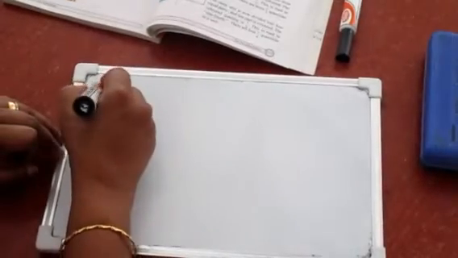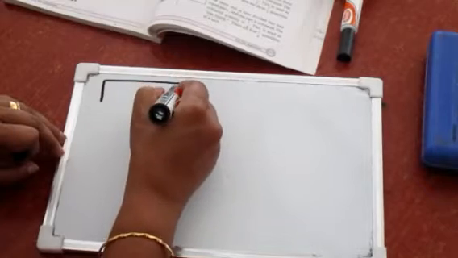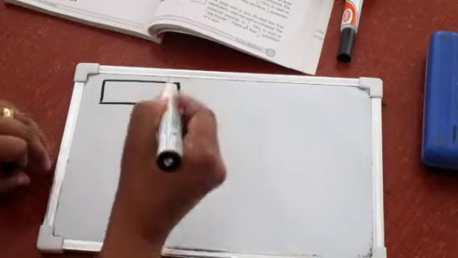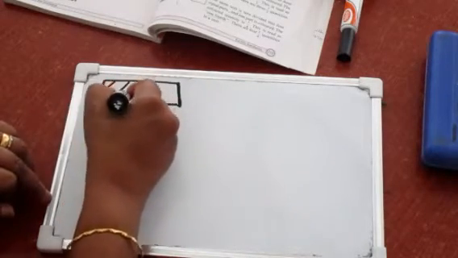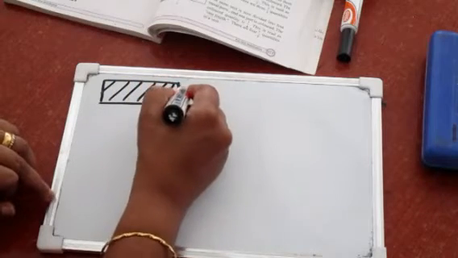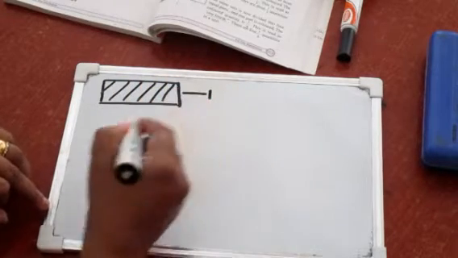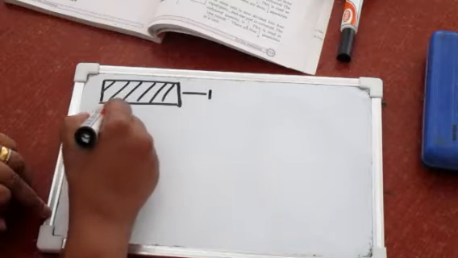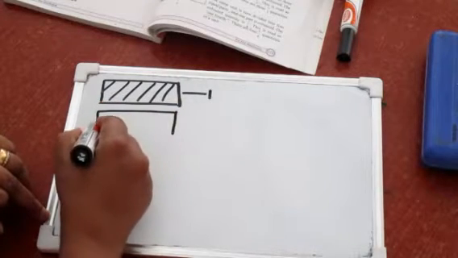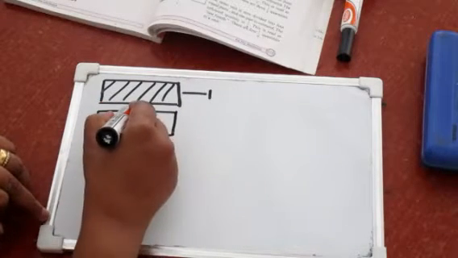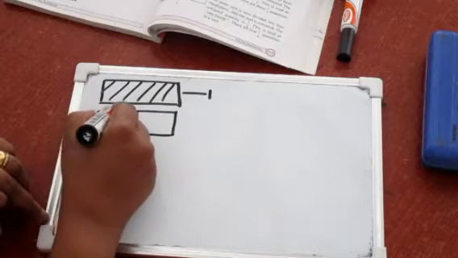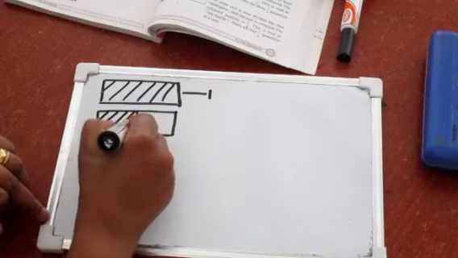Now we identify fractions using figures. First one, I am going to color this portion. Then the colored portion is the whole one. Now I am going to divide the same quantity into two equal parts and color one portion out of it.